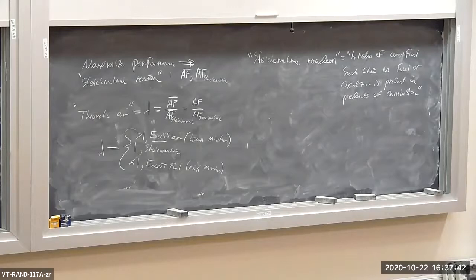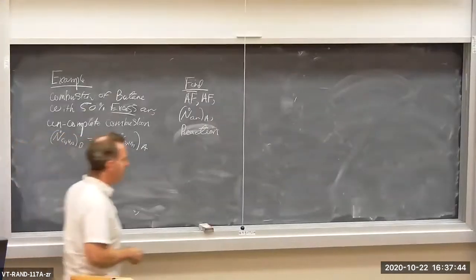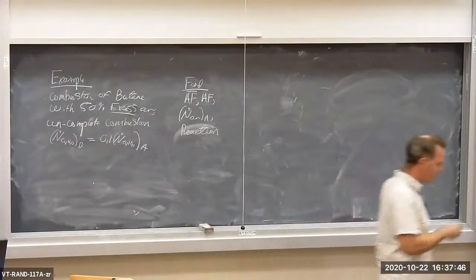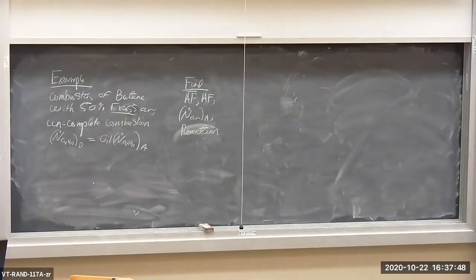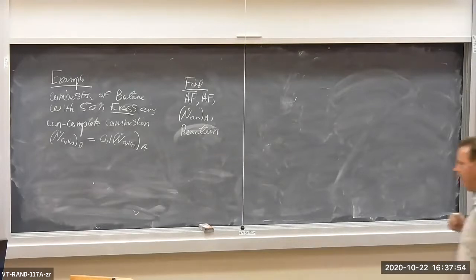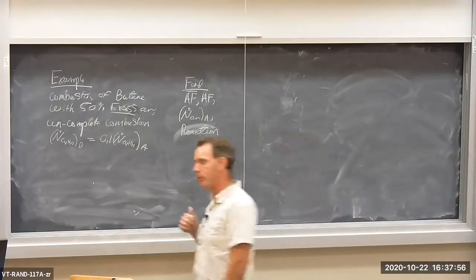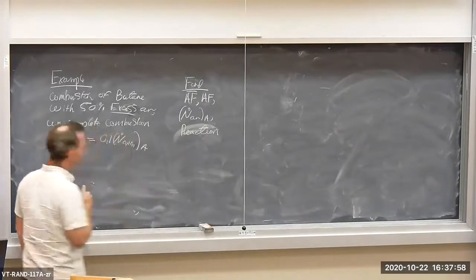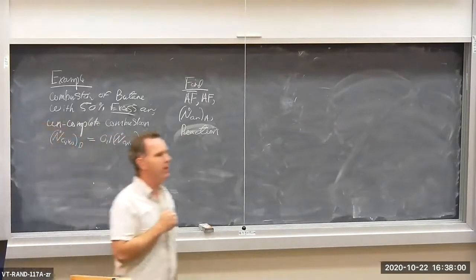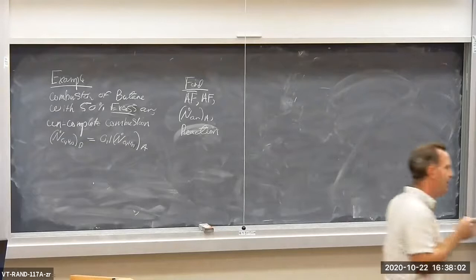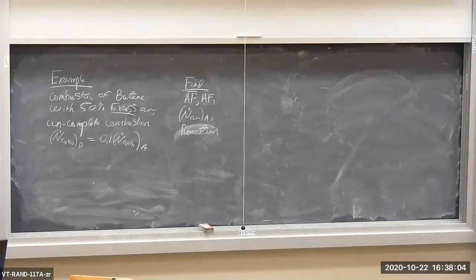So let's return to the example that we had last time with a couple of modifications. Last time we had combustion of butane with air, and that was stoichiometric combustion. If you look back at our example, you'll find that N dot O2 at the exit and N dot C4H10, the butane fuel, are also zero.